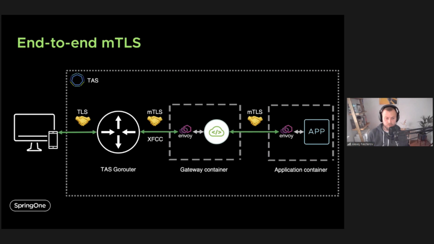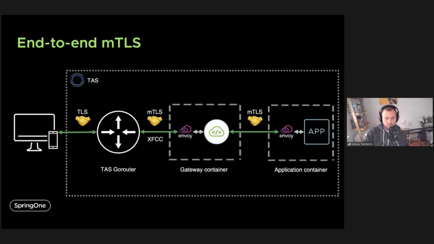It is doable, it's configurable, but for simplicity, I'm just going to consider an example where the TLS is terminated on the Go router directly, not on an infrastructure load balancer. So when TLS is terminated on the Go router, and the client provides a valid client certificate on this connection, the Go router will of course validate the certificate as usual.